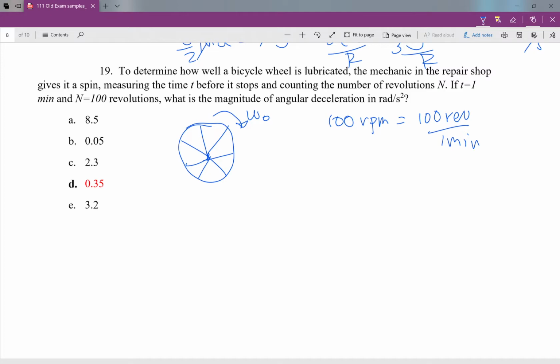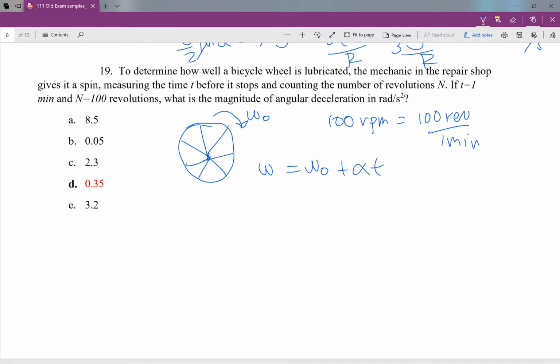Now, it would make more sense if we simply use the first kinematics equation for rotational kinematics. We know that the final angular velocity equals the initial angular velocity plus alpha t.